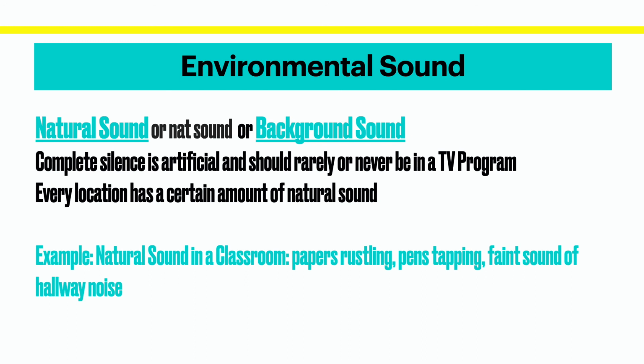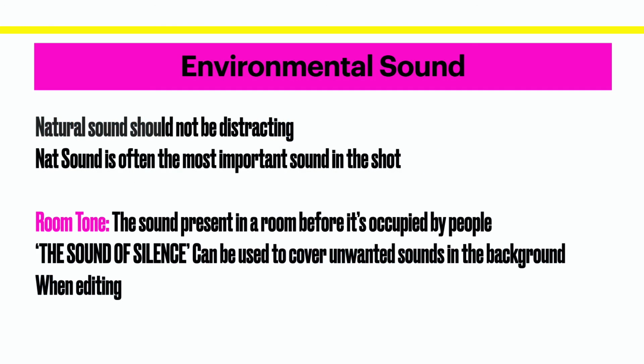Every room that you're in has some kind of natural sound. Now, don't forget, when you're referring to natural sound, it should not be distracting and it should not overpower whoever is speaking in your video. It's often the most important sound in a shot.